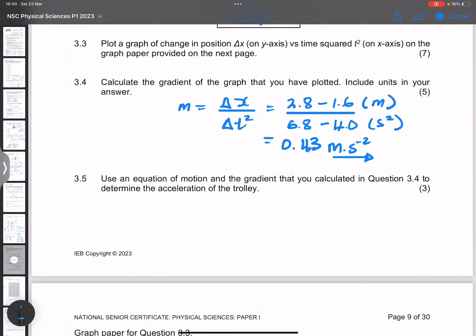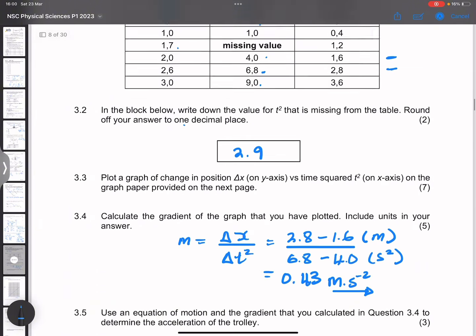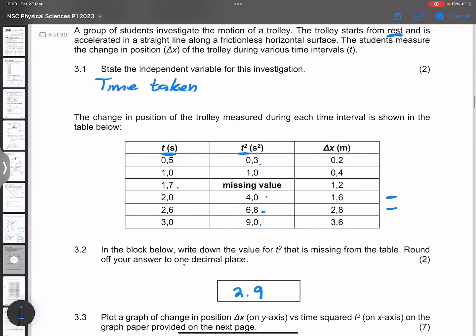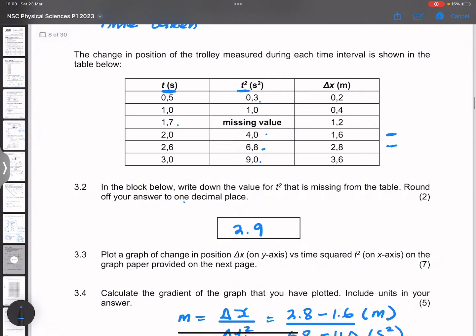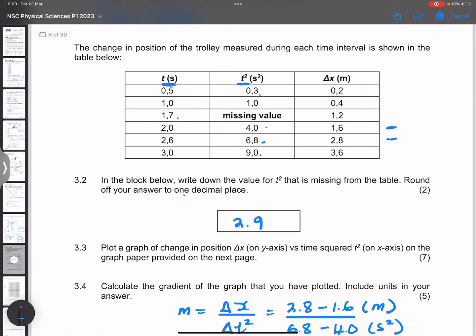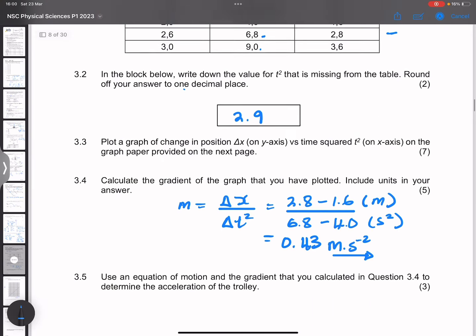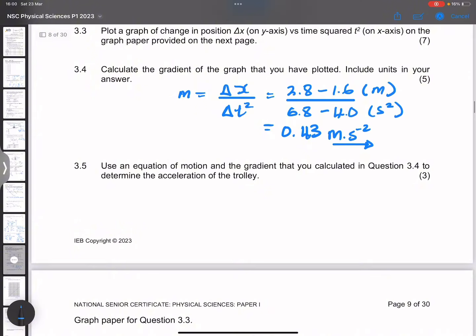Now they're asking us to use equations of motion. So what we can do is take the change in position against the change in time, and in this case, we can actually work out the velocity at each time interval, right?